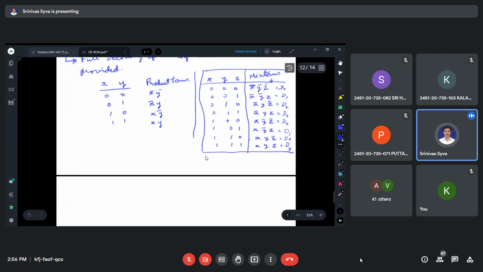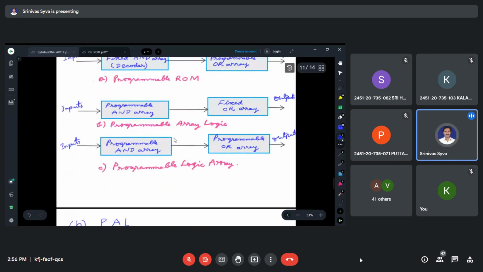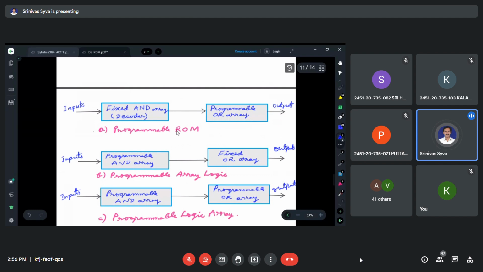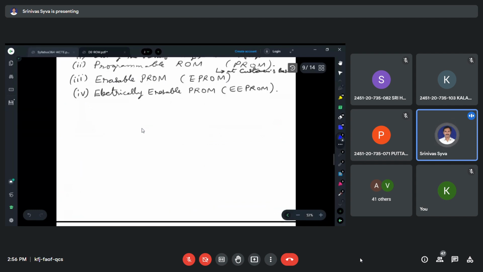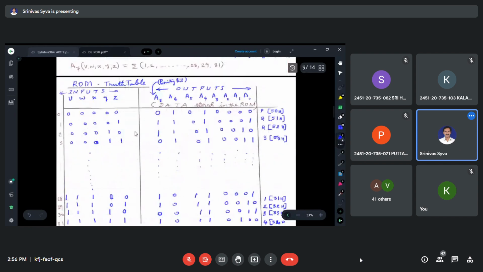In the programmable array logic, full decoding is not provided, just unlike in the programmable ROM, where all the min terms are generated.